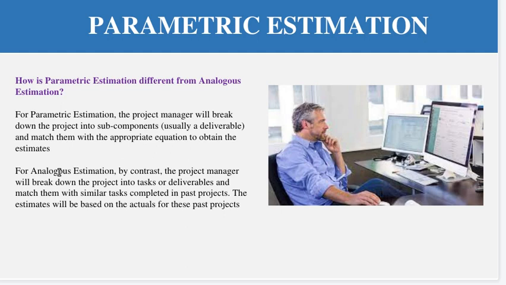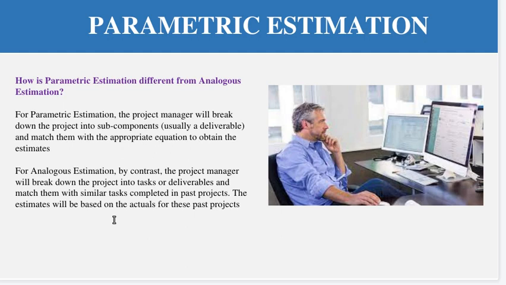But if you are using parametric estimation, you will again use the same concept of historical information about projects we did in the past, but you will use some calculation, some formula, some equation to calculate the duration of a project, how much time is required and how much cost or budget is required.